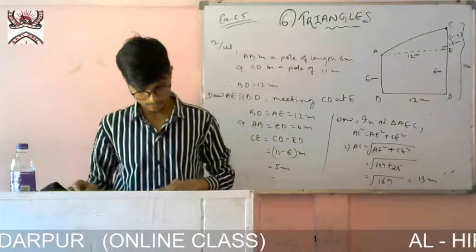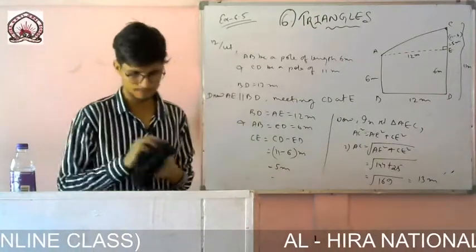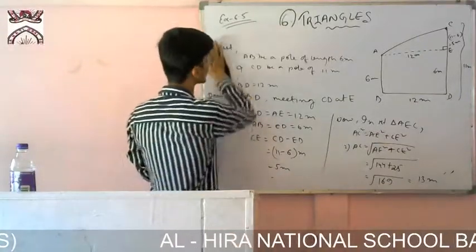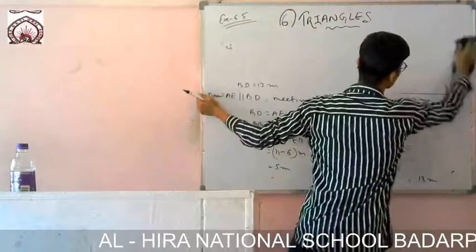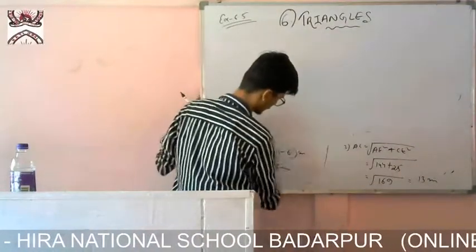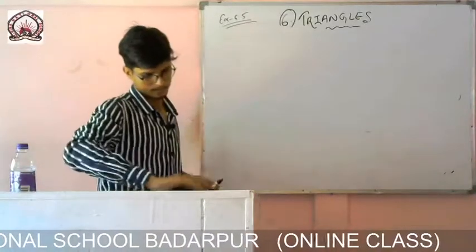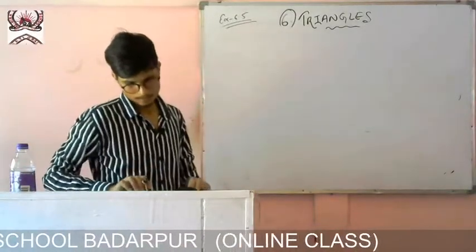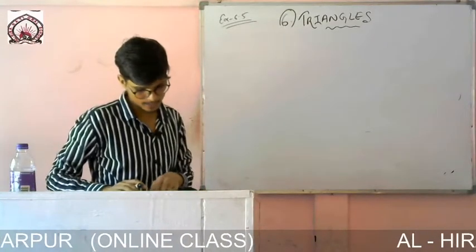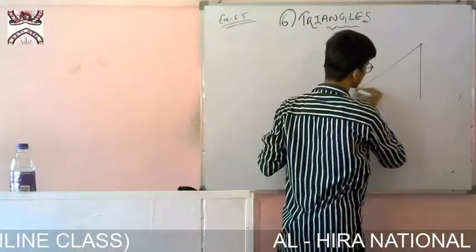So you see this question, what is given is that D is a point. Let me draw the figure, then it will be clear. What is given is that D and E are the points on sides CA and CB.